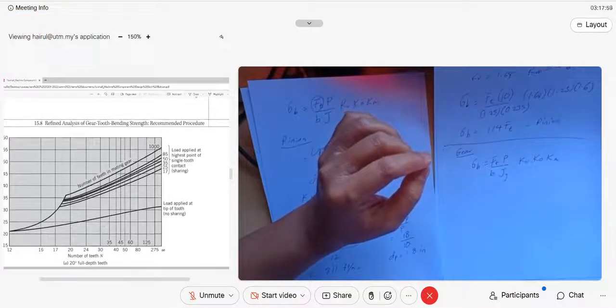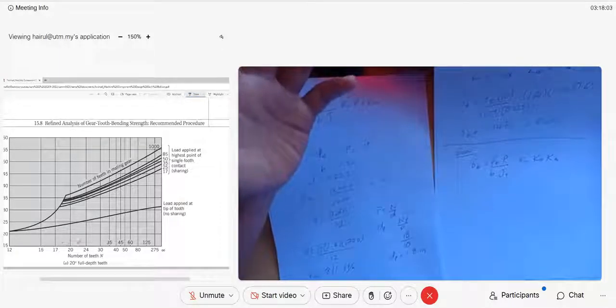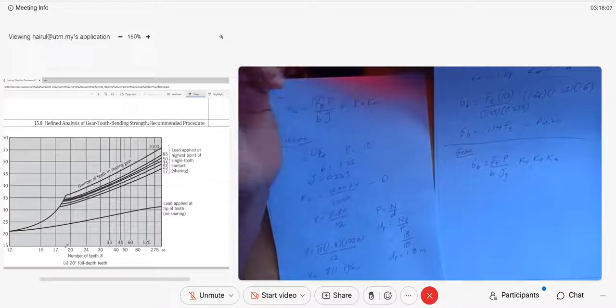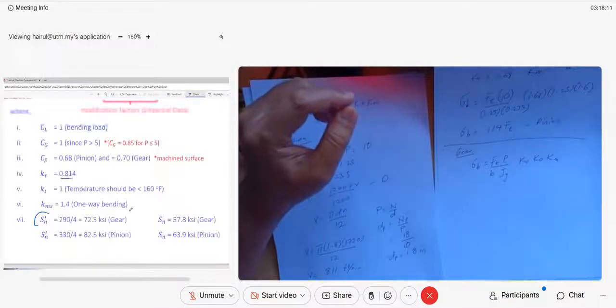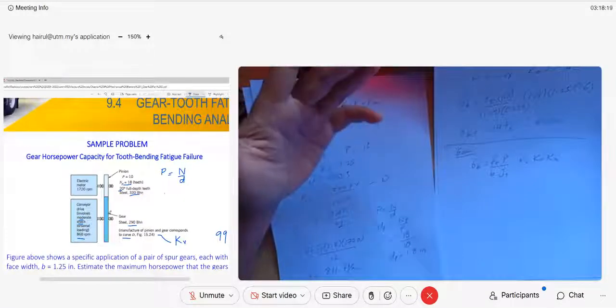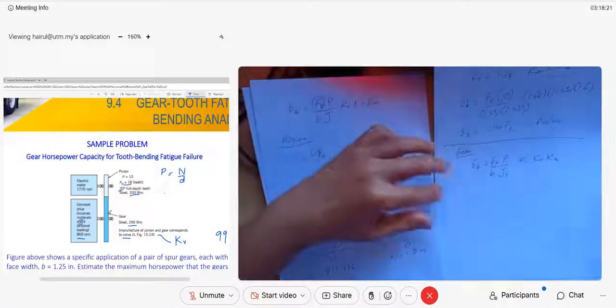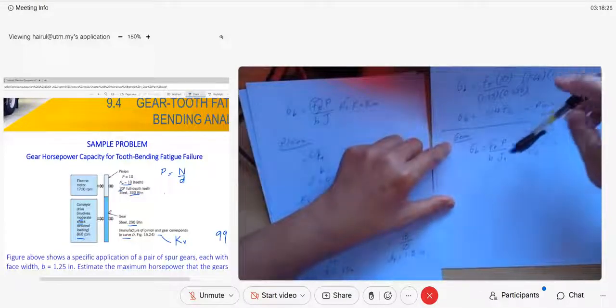Okay, for J, the problem is we don't know the number of teeth, because the number of teeth of this pinion just now is 18. So what is the number of teeth of the gear? Of course we know. Here 1720 RPM with 18 teeth, the gear 860 RPM, we can get the teeth.